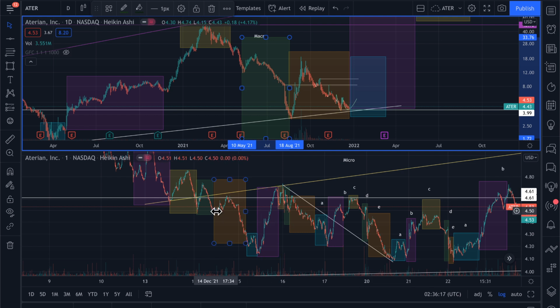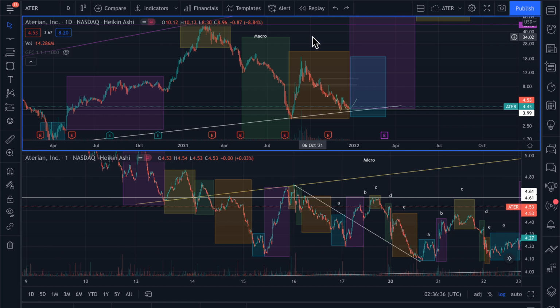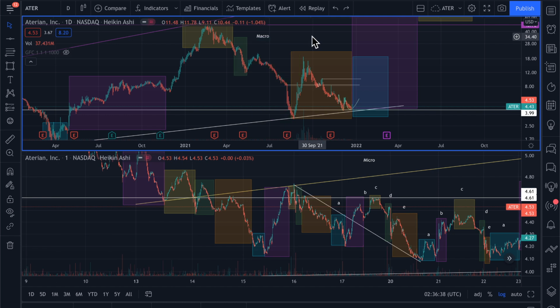Again, I think there's reason to think that's not the case, because most of the time that drop on E does not come below the base of E, in which case this one did.